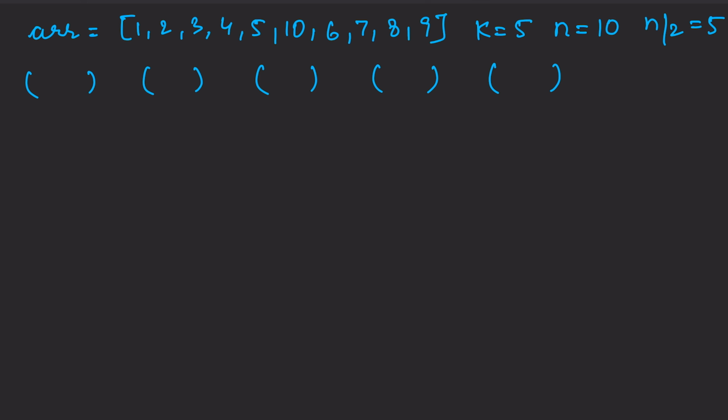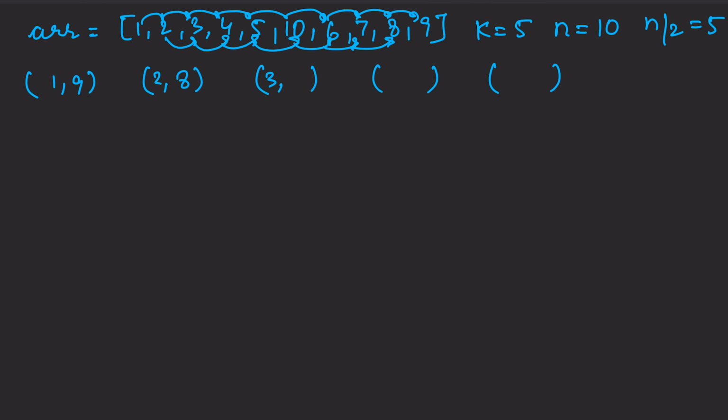Now we start with the brute force approach. We take the first element, we look for the second number in the remaining array and check if we can get something which gives a sum divisible by k. So for 1 we get 9. Now for 2 again we go through the array and we get 8.